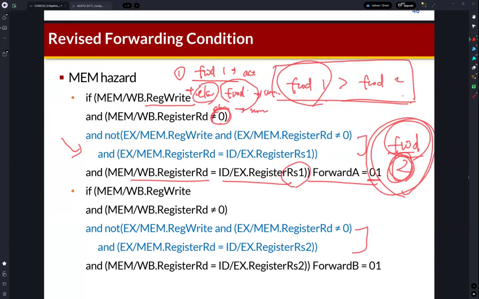If we write the statement using if, else if, and then else if like this, then the priority is naturally determined by the order of the conditions. So this condition has the highest priority. We can implement the different priority of forwarding 1 and forwarding 2 using the if else statement.